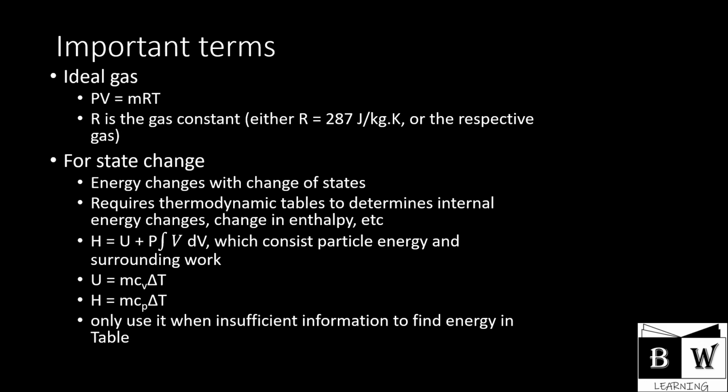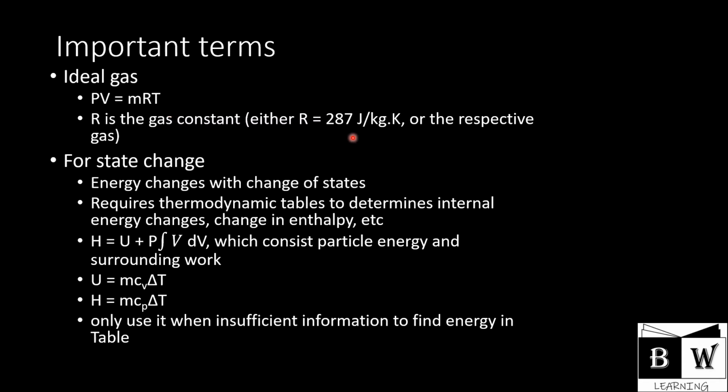So if you are working on questions that involve air, carbon monoxide, carbon dioxide, etc., for your state, you can use the ideal gas equation to solve. The ideal gas equation is PV equals mRT, where R is your gas constant.